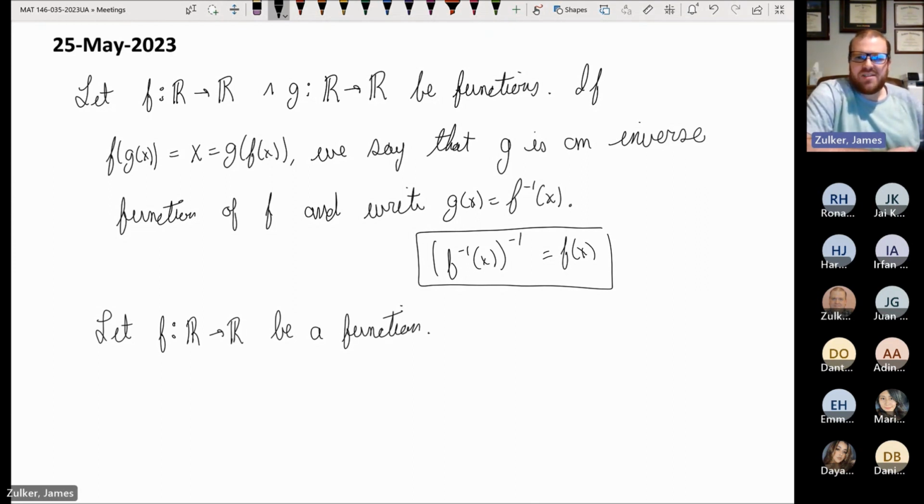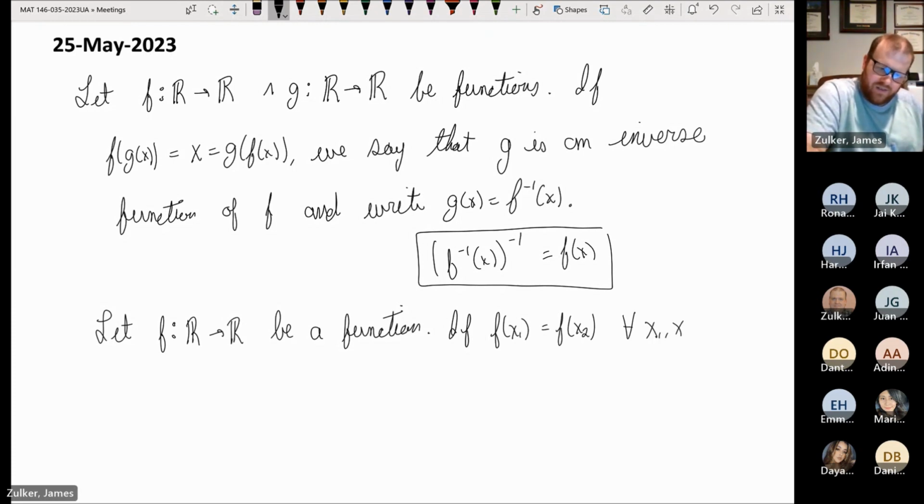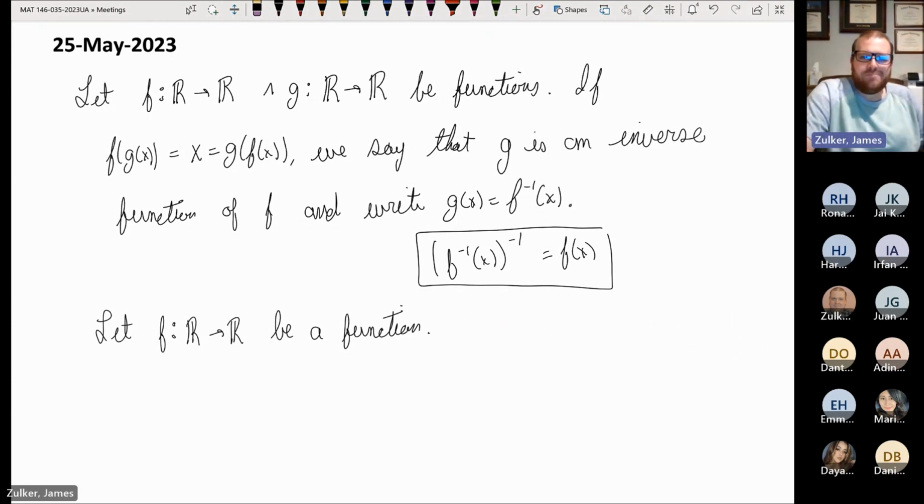If f is an inverse of g, then g must also be an inverse of f. Oh, I'm sorry, that's not right.